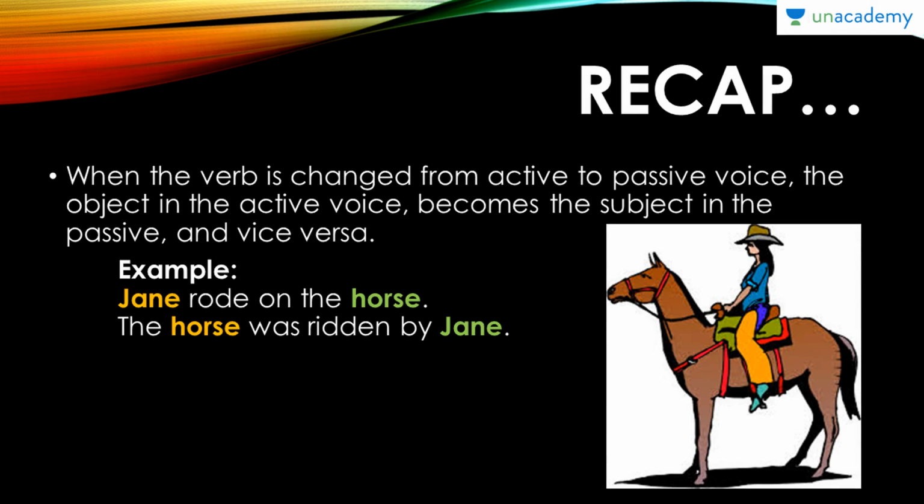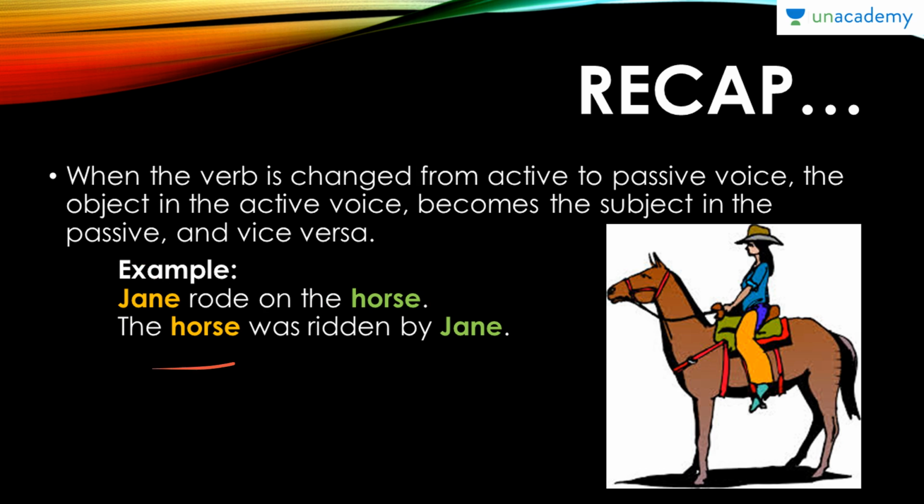And the last point, third point: when the verb is changed from active to passive voice, the object in the active voice becomes the subject in the passive voice and vice versa. Let us look at it in the example. Jane rode on the horse. The horse was ridden by Jane. Here in the first sentence, Jane is the subject, horse is the object, and it is an active voice.